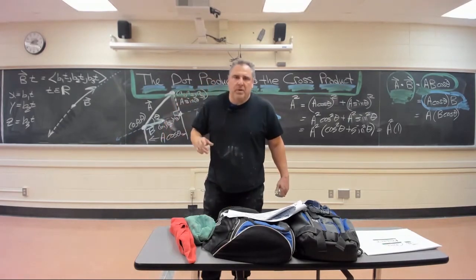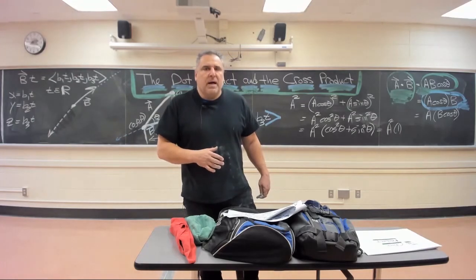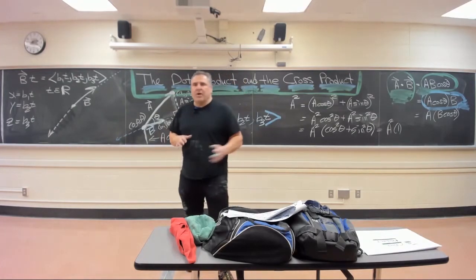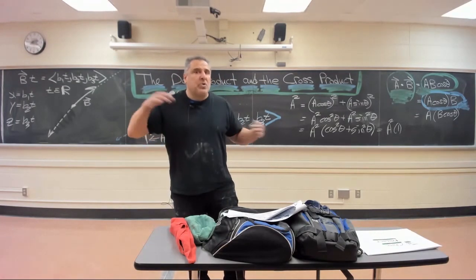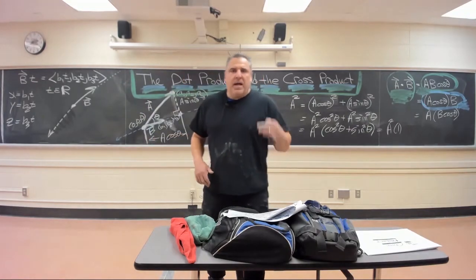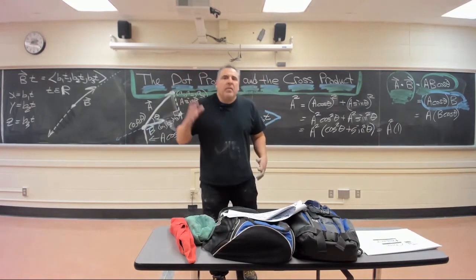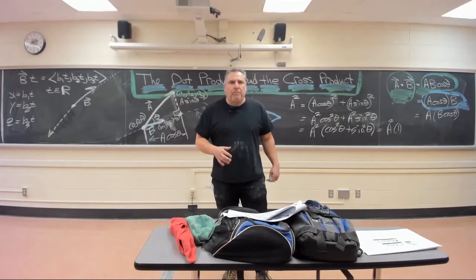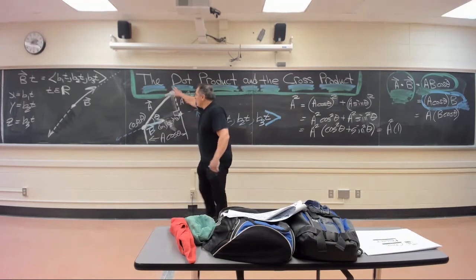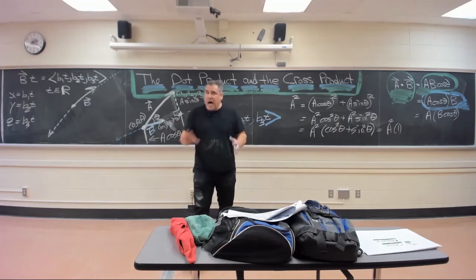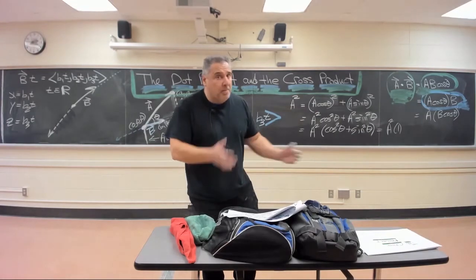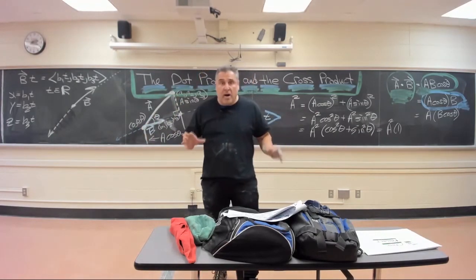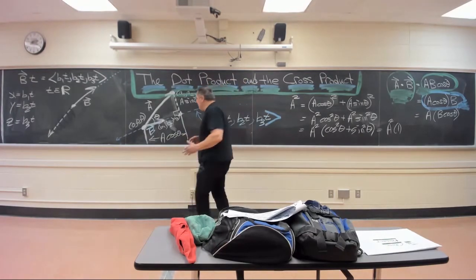The magnitude of the projection of A vector in the direction of the line, or onto the line defined by B vector, is associated with right triangles going on. There's a perpendicular distance from the endpoint of A vector dropping down to the line defined by B vector. It doesn't have to hit B vector. B vector might be really small. It might be really big. The perpendicular hits somewhere on the line defined by B vector.